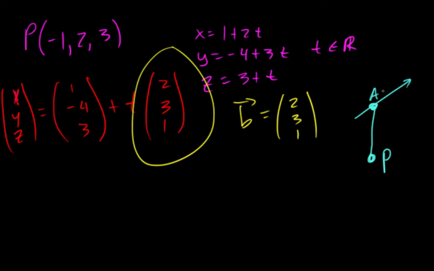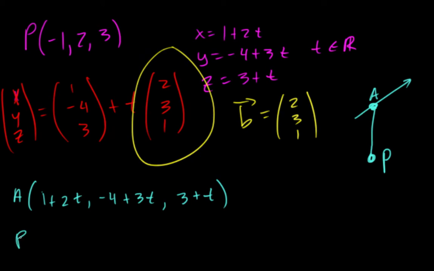And so to find A, we're going to do 1 plus 2t, because here's our x value, -4 plus 3t, and 3 plus t, just using those.